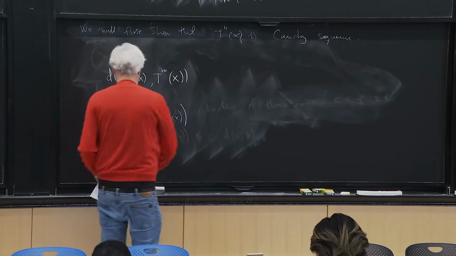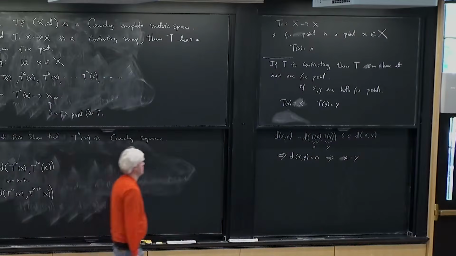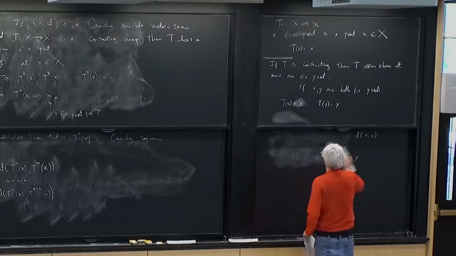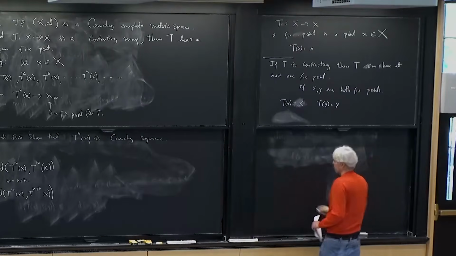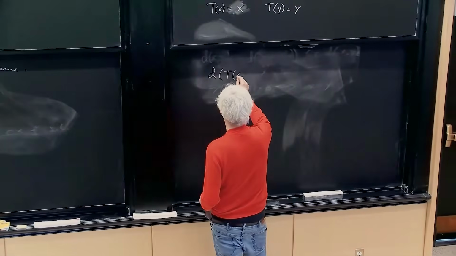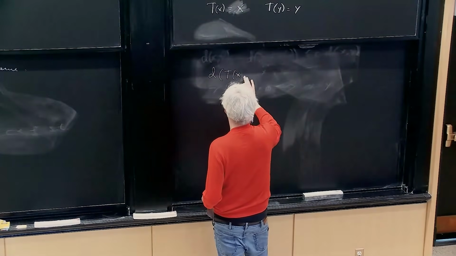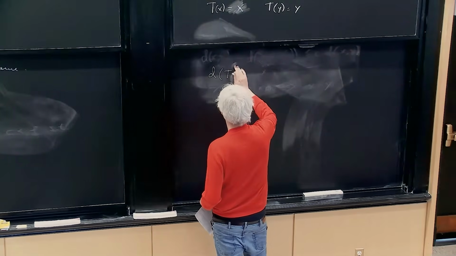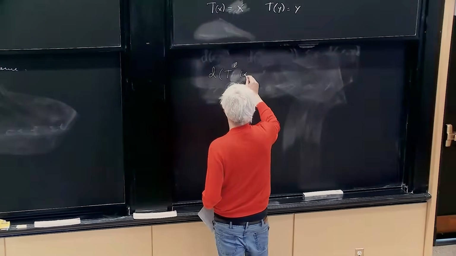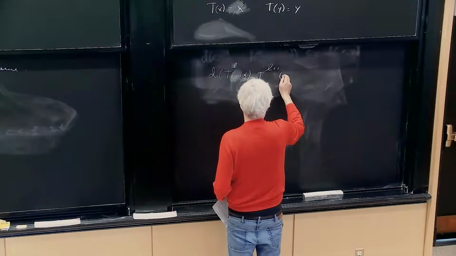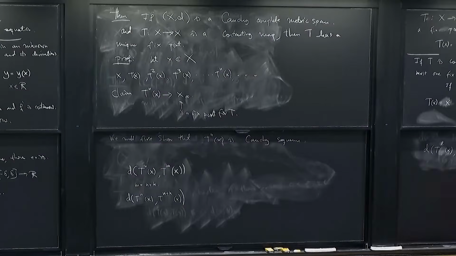Now, in order to do this, let me start with something simpler first. Let me look at the distance between T^L of X and T^(L+1) of X. Okay, so two consecutive elements in the sequence.